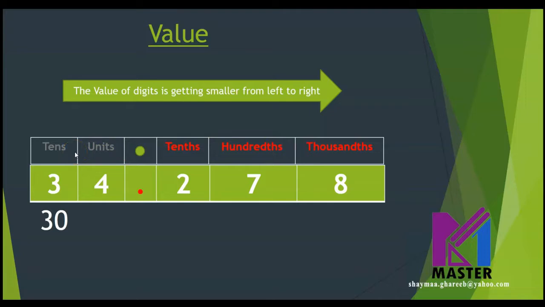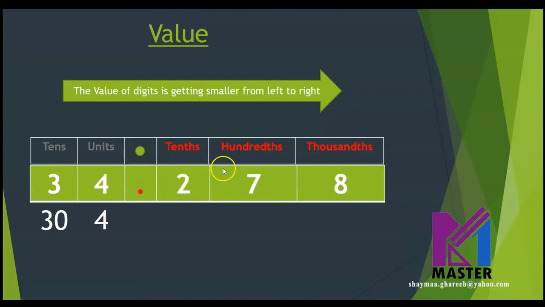Is this clear? So let's start with the digit 3, which is in the tens place, which means 3 tens. And the value of this 3 tens equals 30. When I read it, 34. So the value of this digit is 30. What about the 4 units or 4 ones? It's just 4.